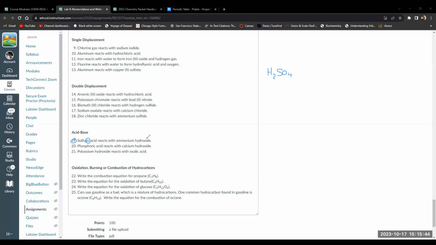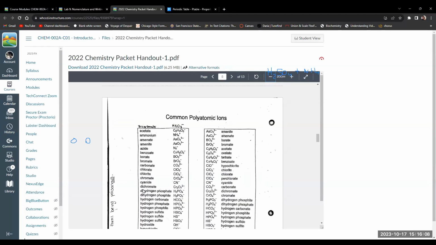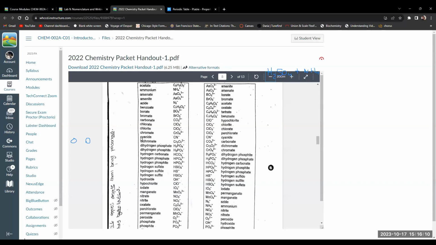Reacts with ammonium hydroxide. So we just worked with ammonium, so we know that that's NH4. And hydroxide can be found in our polyatomics, which is OH minus.